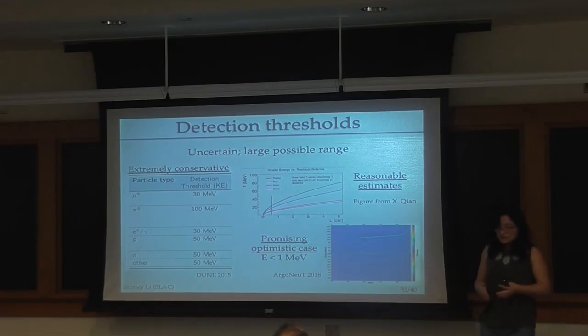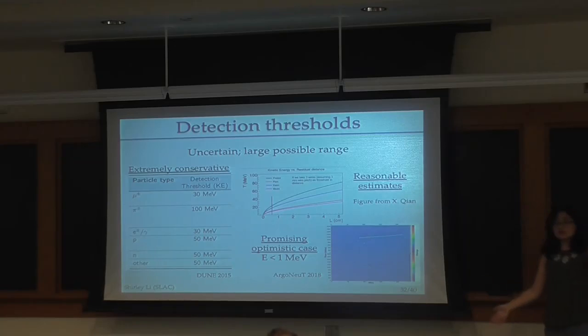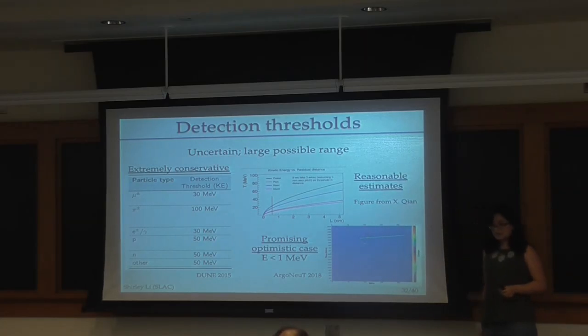So the threshold in the literature changes between 100 MeV and 1 MeV. That would obviously impact how much missing energy goes into subthreshold particles. If one generator tends to predict harder particles and another tends to predict softer particles, that would really affect this.